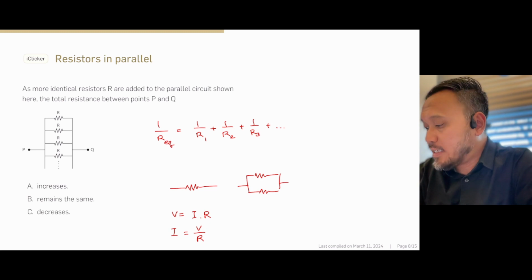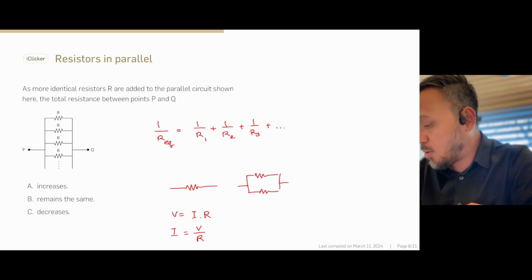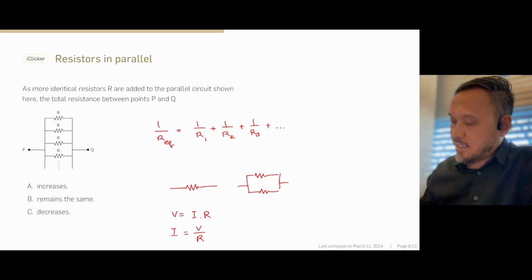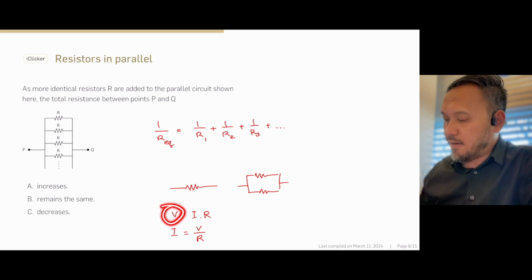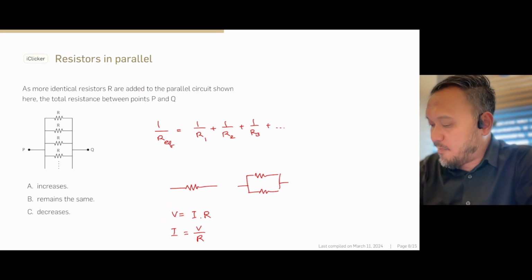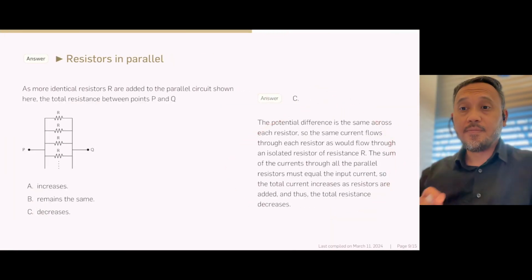Then the more resistors that you add, the more current that you have in total. Therefore, if the current is higher, that means the resistance should be lower since the voltage is the same. Okay, and that's what is written here basically.